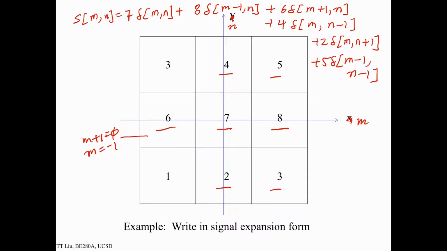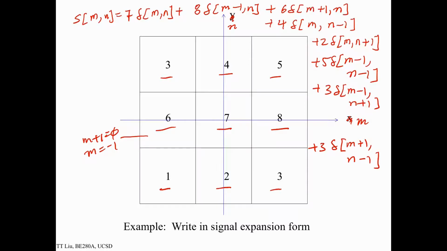Let's look at this 3. So 3 delta m minus 1, n plus 1. And then we have another 3 over here. So that's plus 3 delta m plus 1, because it's shifted to the left there, and then n minus 1.